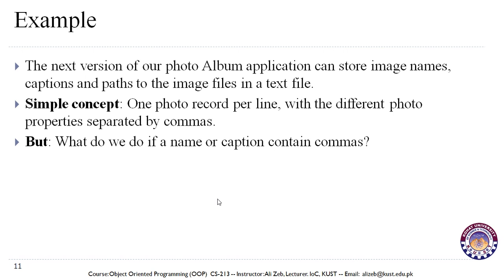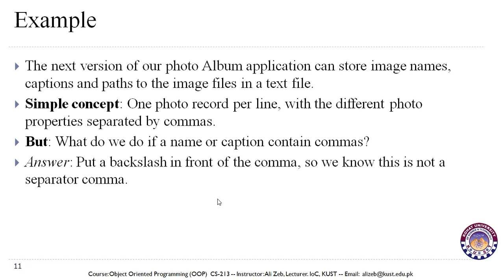But what do we do if a name or a caption contains commas? If the name actually contains a comma, then we can use the backslash. Put a backslash in front of the comma so we know this is not a separator comma. For example, in this case this is a separator comma, but if we have a comma that is actually part of the name, then we can use the backslash with that comma.